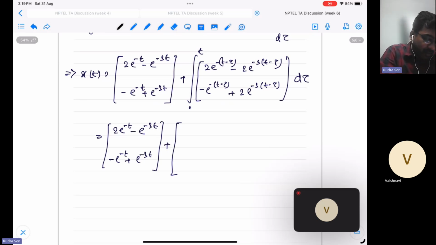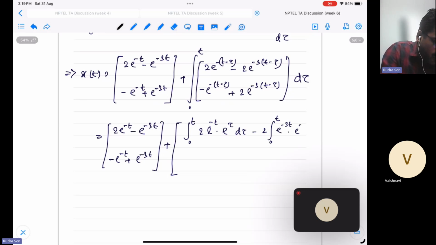We can integrate each term separately. So this is integration 0 to t of 2 e to the power minus t into e to the power tau d tau, minus 2 times integration 0 to t of e to the power minus 3t into e to the power tau d tau, and minus integration 0 to t of e to the power minus t into e to the power tau d tau, plus 2 times integration 0 to t of e to the power minus 3t into e to the power 3 tau d tau.